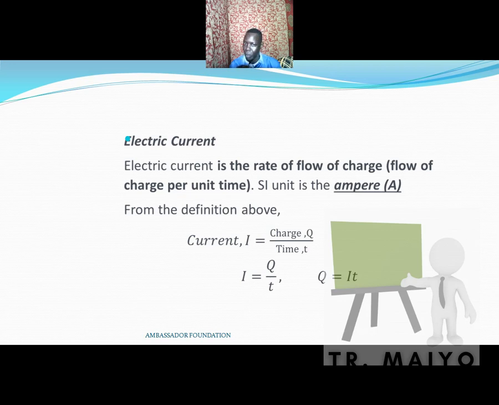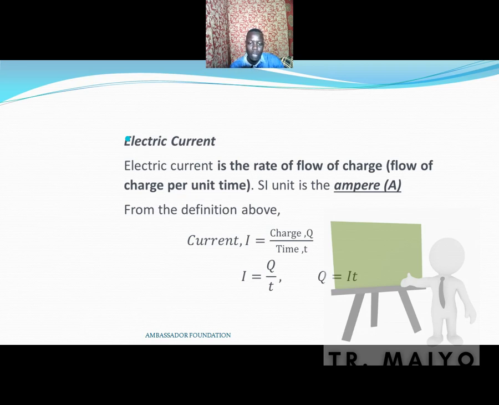And this time should be in the SI unit. Can you remind yourself what the SI unit of time is? It is seconds. So when you have time in seconds and charge in coulombs, which we learned in electrostatics 1, charge is measured in coulombs, then when you divide charge in coulombs over time in seconds, you will get current in amperes.